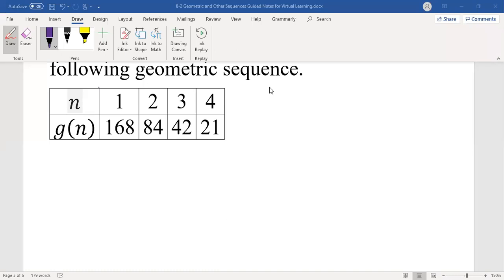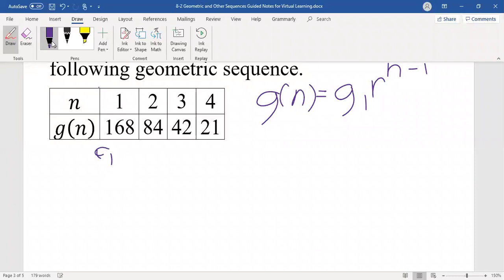To find the explicit formula, it's in the form G of n equals G1 R to the n minus 1, where your G1 is your first term and R is your common ratio.